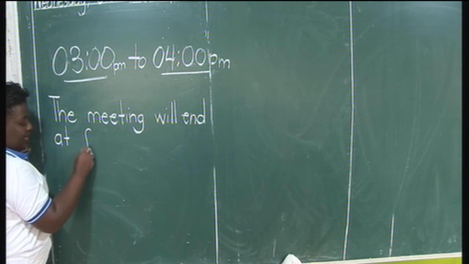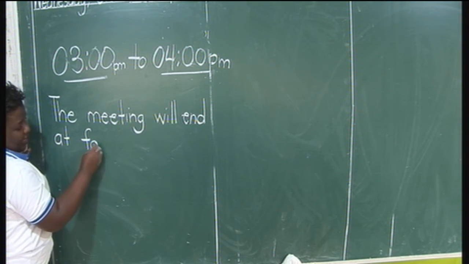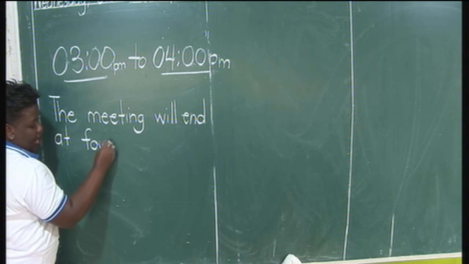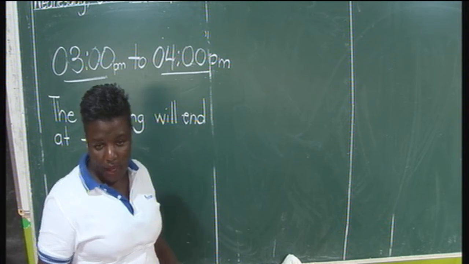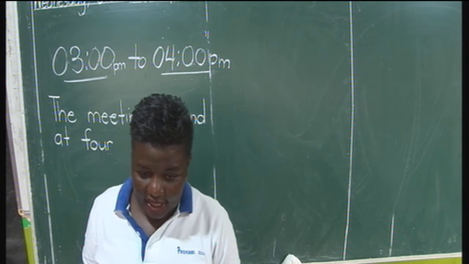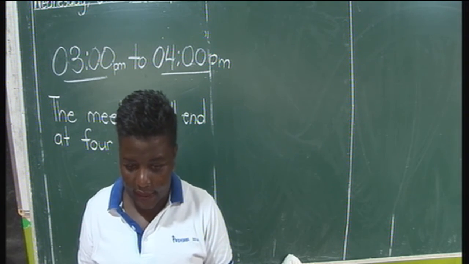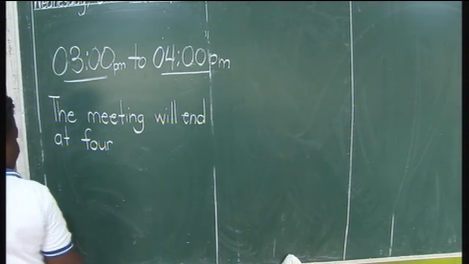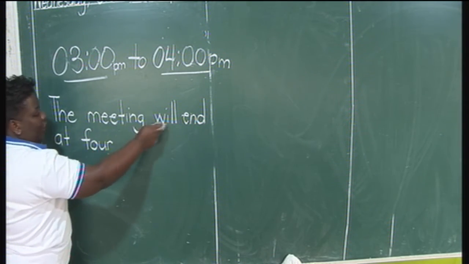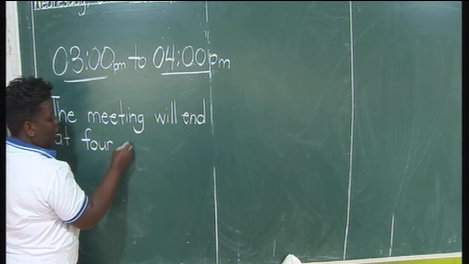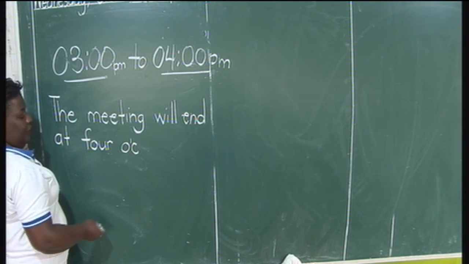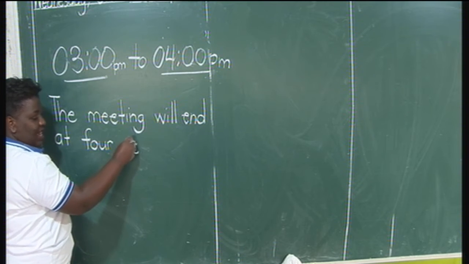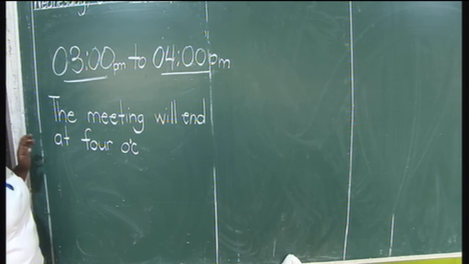4 in words. You write the word for F-O-U-R. We are not going to use PM. We are going to use in the evening. Is it afternoon? The meeting will end at 4 o'clock. Add the word o'clock. O'clock has an apostrophe sign because it is a short form of the words of the clock.